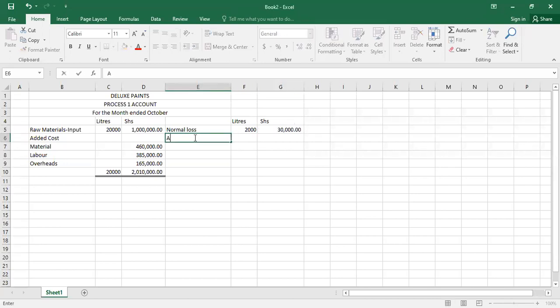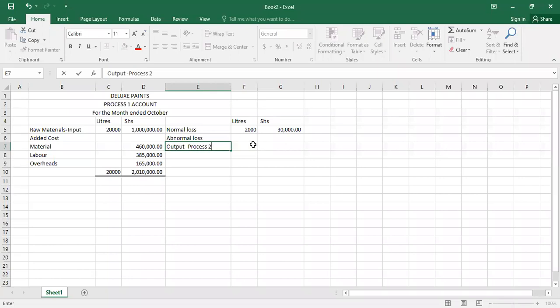Then what we don't have is the abnormal loss, and this one you will get because you've not been given. And then we have the output, what is going to process 2. So output to process 2.